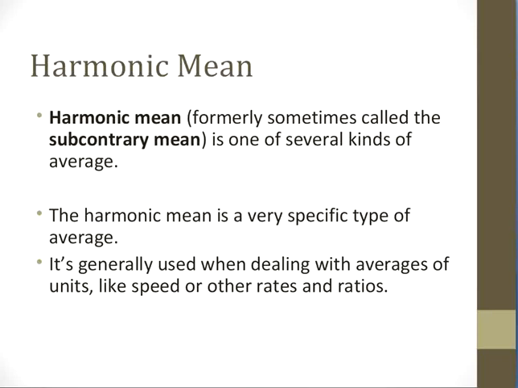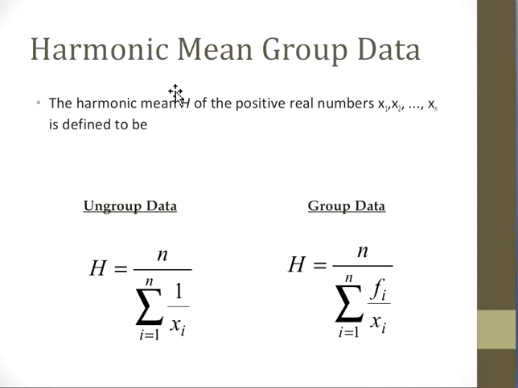The mathematical construction of harmonic mean is as follows. It is represented by capital H, and the harmonic mean H of the positive real numbers. It is not compulsory, but generally the values of your random variable must be positive.